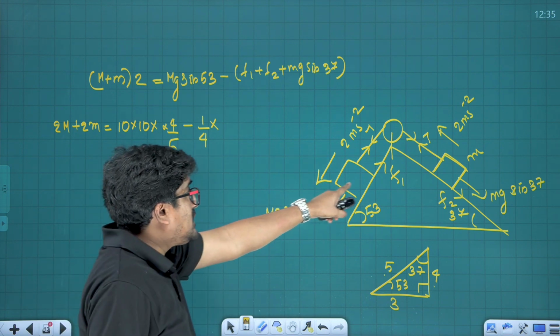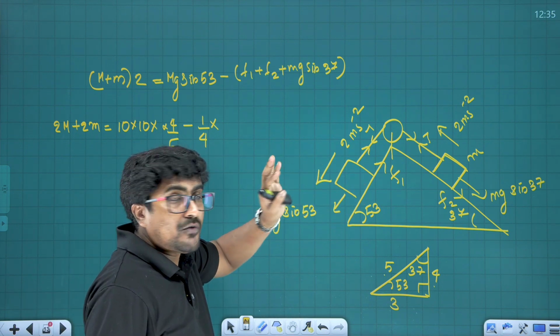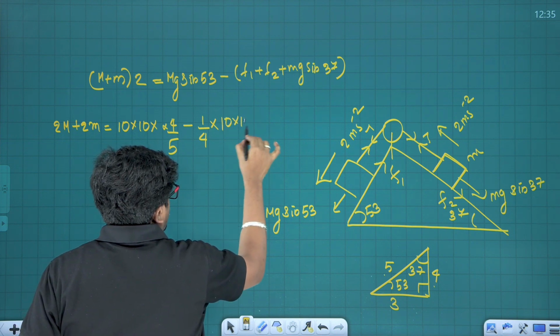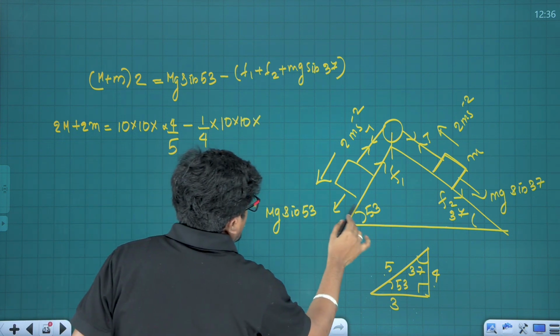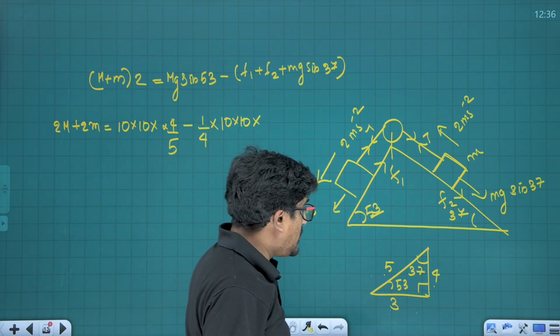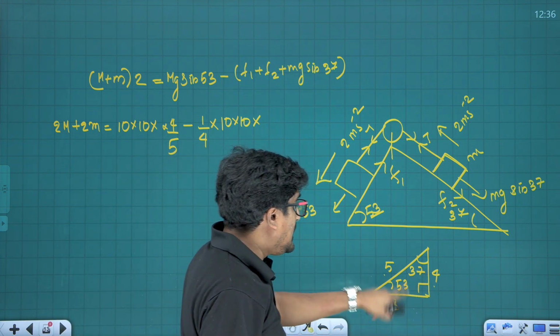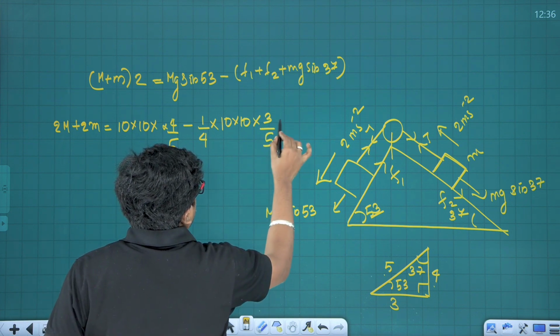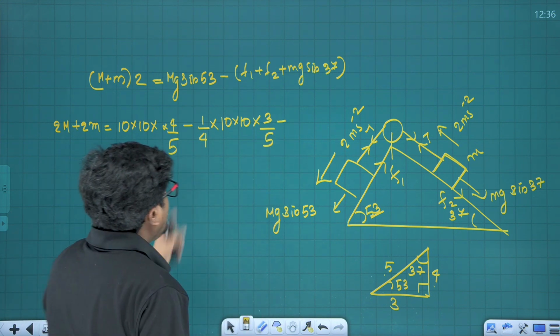So the friction on this one is mu mg cos of theta. What is m? M is 10. G is again 10. And cos theta here. Theta is 53, so cos of theta is going to be 3 by 5.